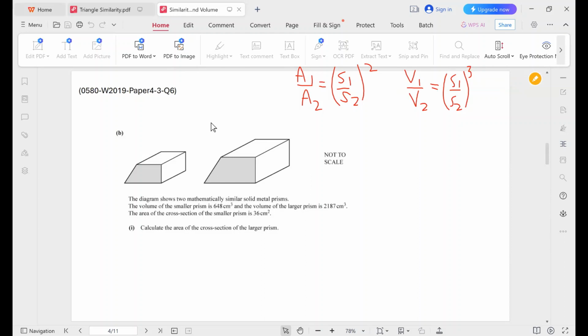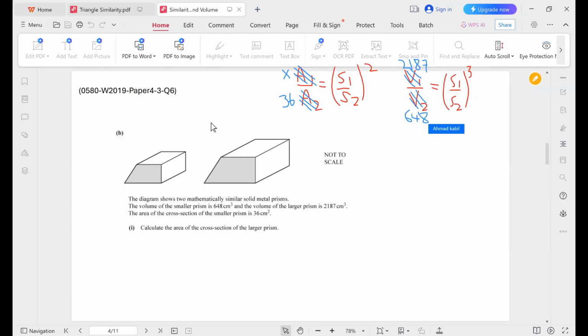So A1 is the bigger area, and that's actually the requirement here in this problem. We want the bigger area, so x. A2 is the smaller area, and this is given as 36 in the problem. V1 is the bigger volume, which is 2187. So let's plug this in. And V2 is 648. So let's plug this in as well.